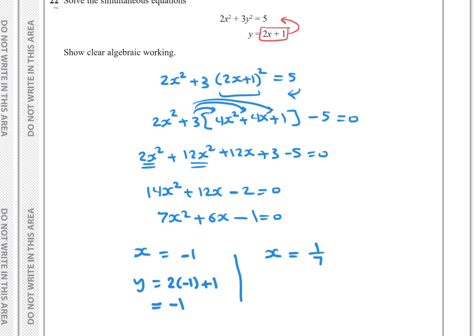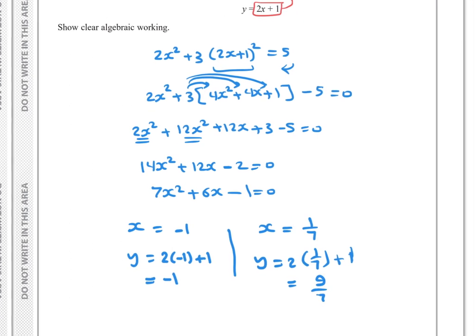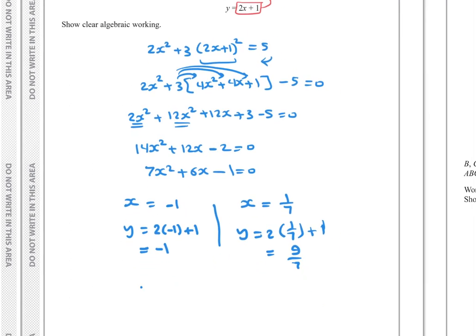The other value, y equals 2 times 1 over 7 plus 1 equals 2 over 7 plus 1, so 9 over 7. So the 2 points are (negative 1, negative 1) and (1 over 7, 9 over 7).